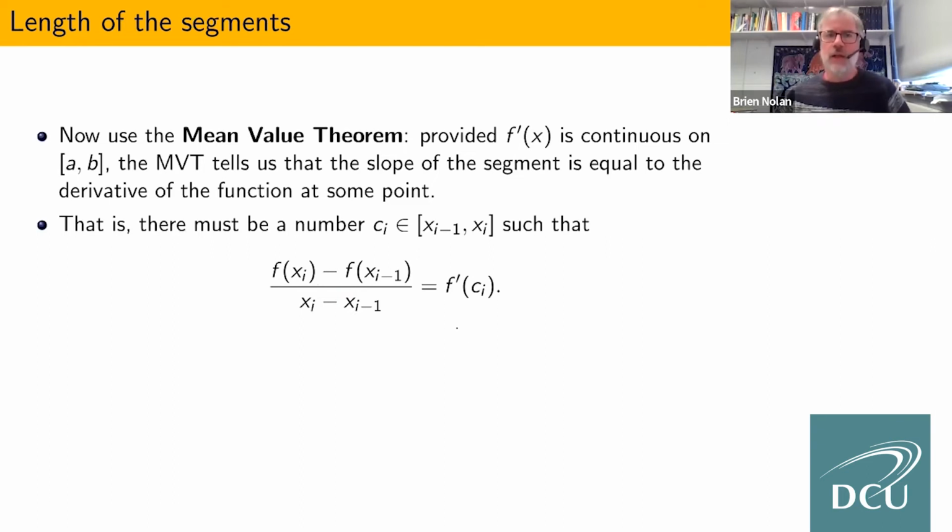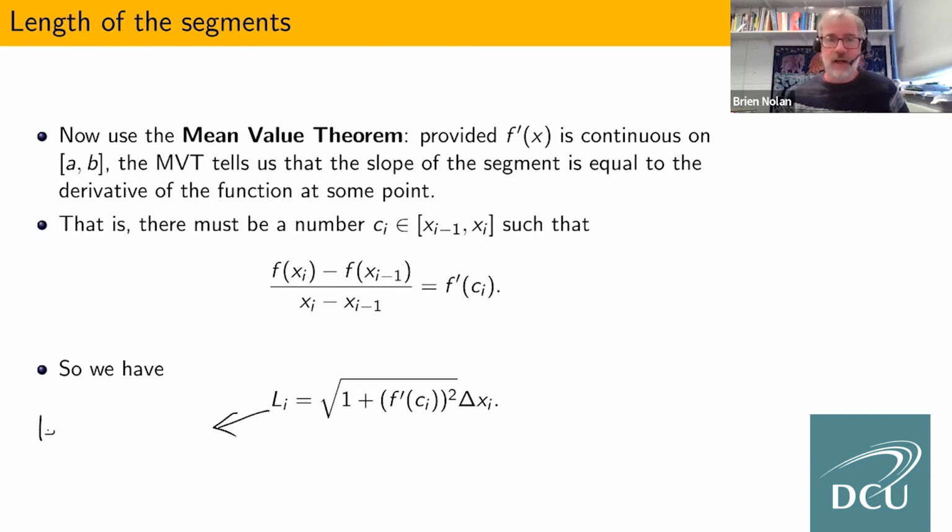So let's have a look now and see what that tells us about the length of the curve. It tells us the length of the segments that are cutting across the curve. It tells us that the length of the ith segment that we've used to approximate the curve is given by the width of the subinterval times the derivative.